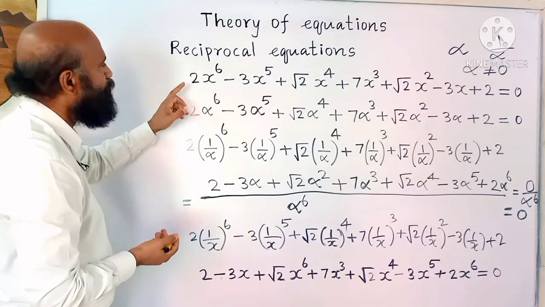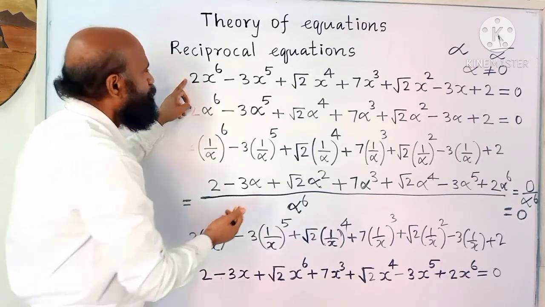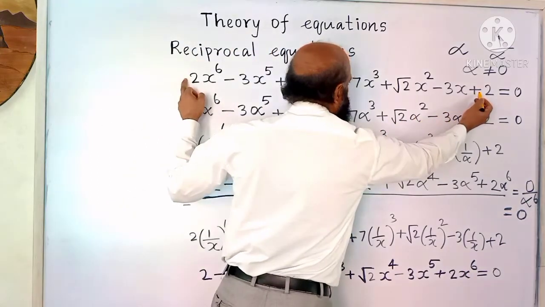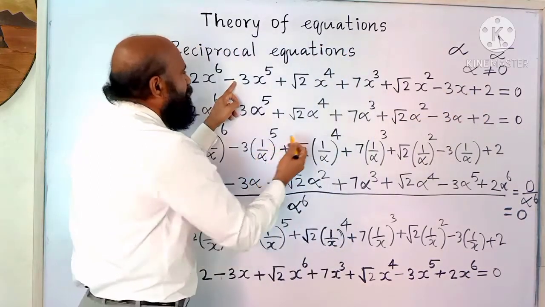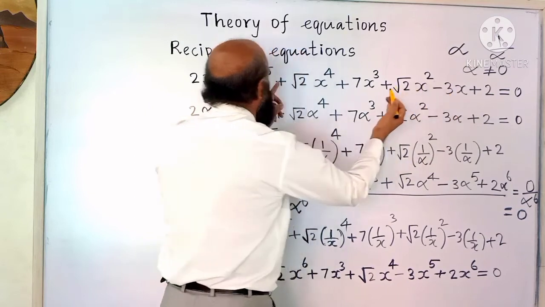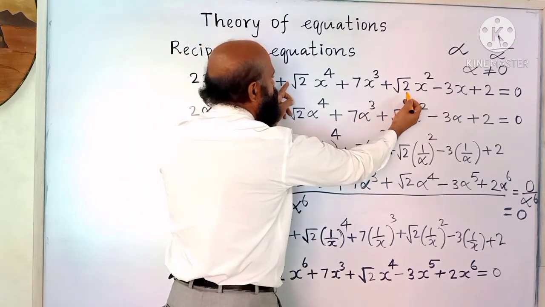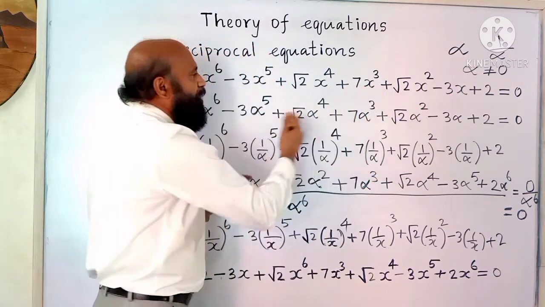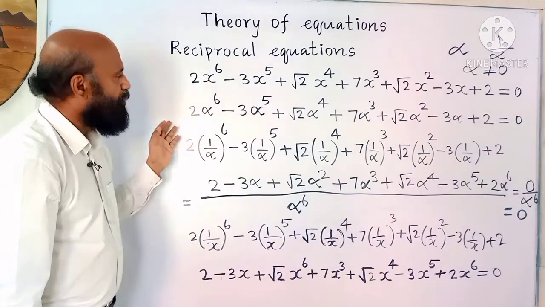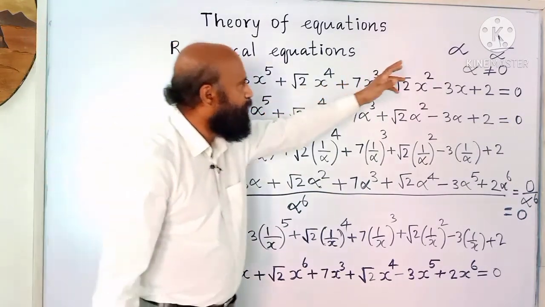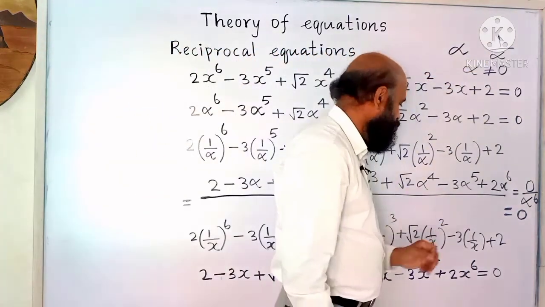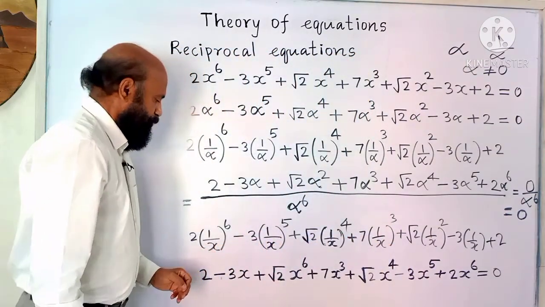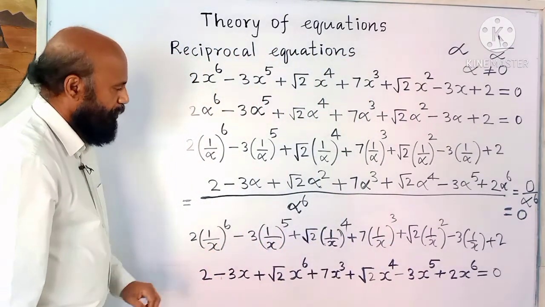Now here you can see, note, 2, 2, minus 3, minus 3, root 2, then 7. That's why when alpha is a solution, 1 by alpha is also a solution.